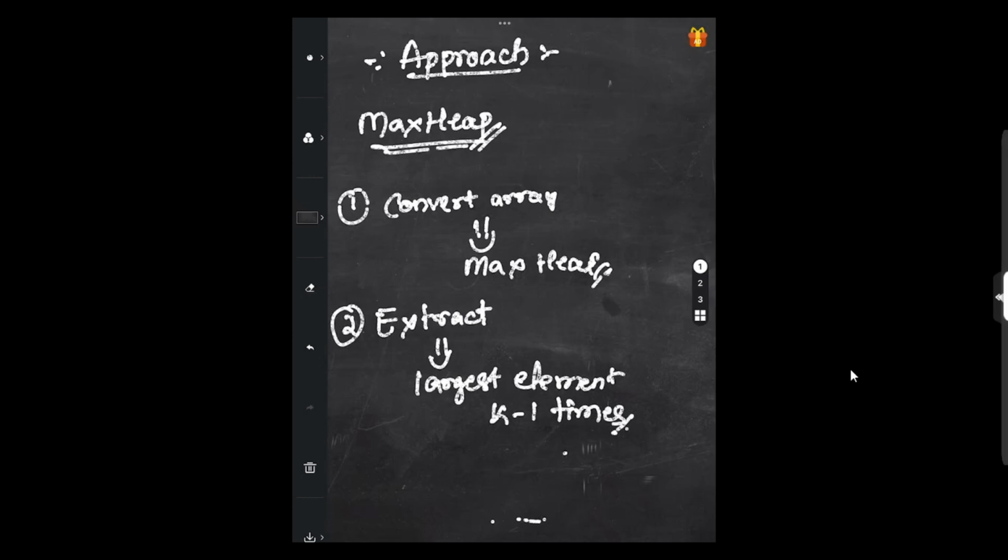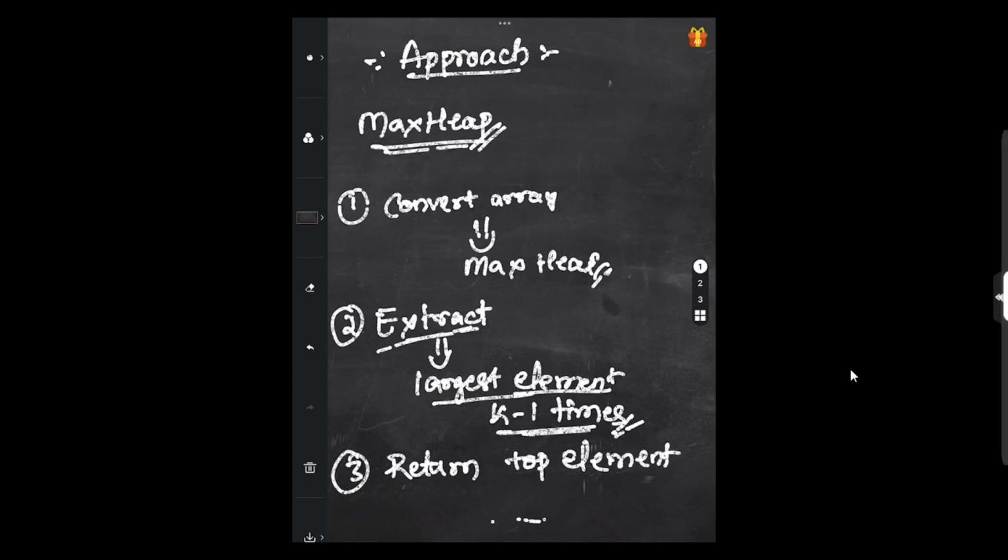The third step is to return the top element. As we are extracting the largest element k minus 1 times in the second step, we can just return the top element, which is now the kth largest element.